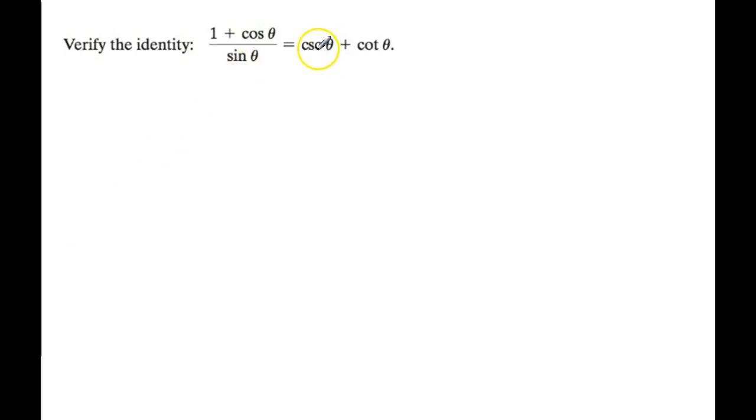A very common thing here in problems like these would be, again, change it to sines and cosines. And if that doesn't give it to you, a lot of times what we end up doing is multiplying the top and bottom fractions by the same thing. Now cosecant, remember cosecant is 1 over the sine.